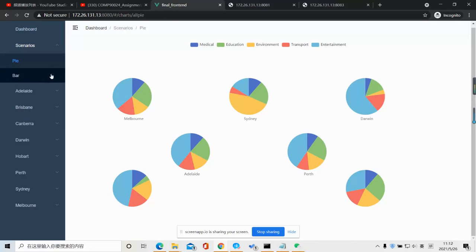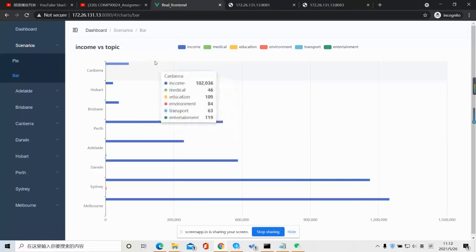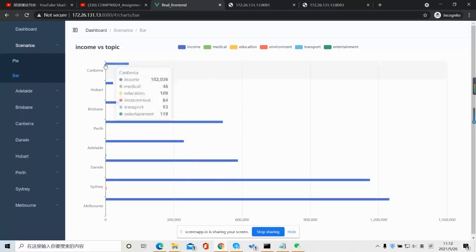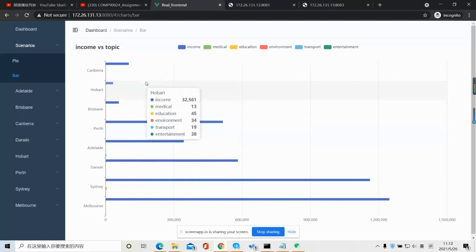And for the bar chart, we show income and these topics' discussion levels.